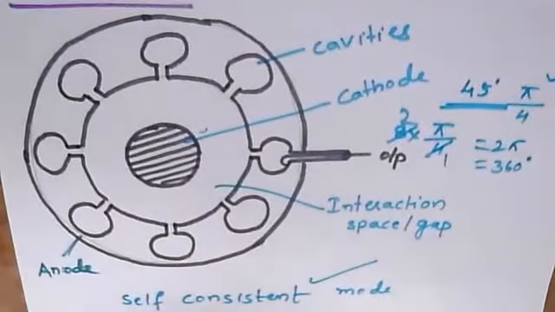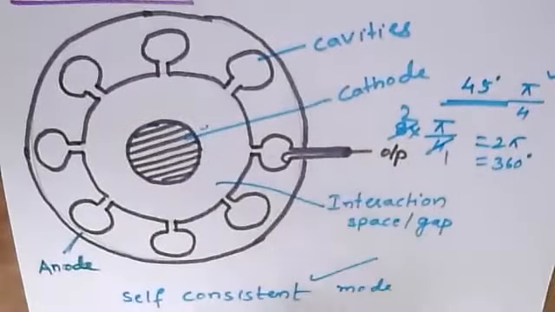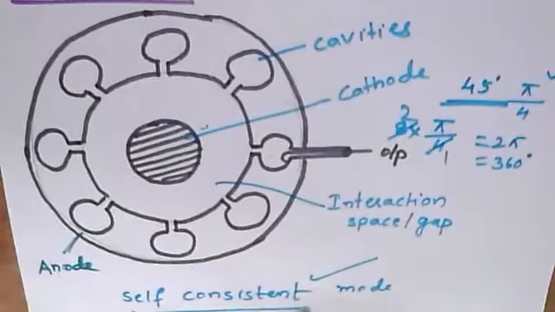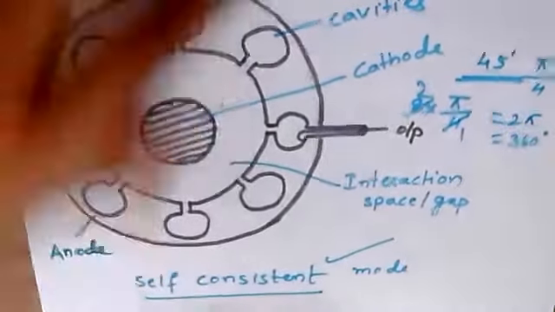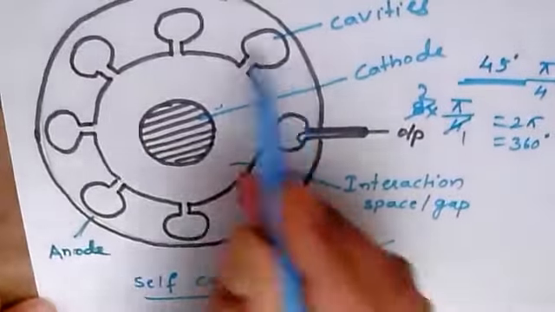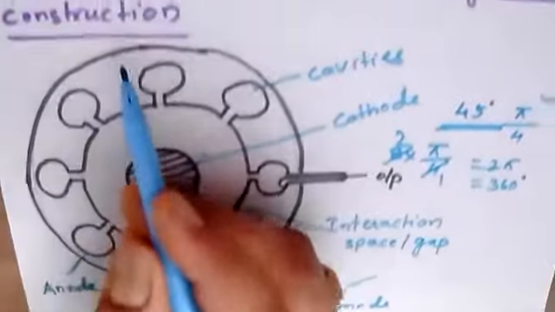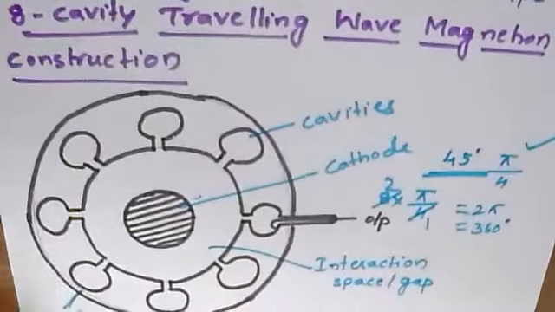This is the resonant frequencies. All should have resonant frequencies. We can say that they are said to be resonant when they fulfill the condition of self-consistent. Okay, so that's what they have to justify. I have taken 8 cavities, hence the name 8 cavity traveling wave magnetron.